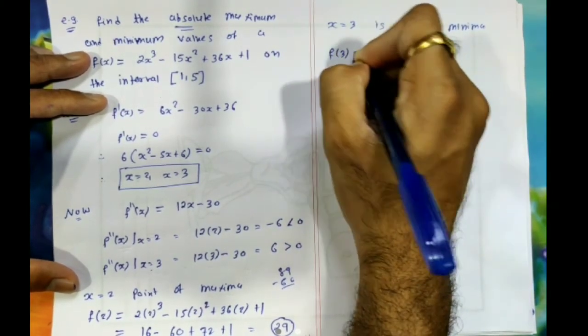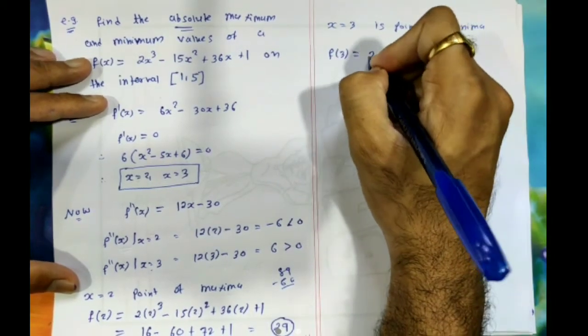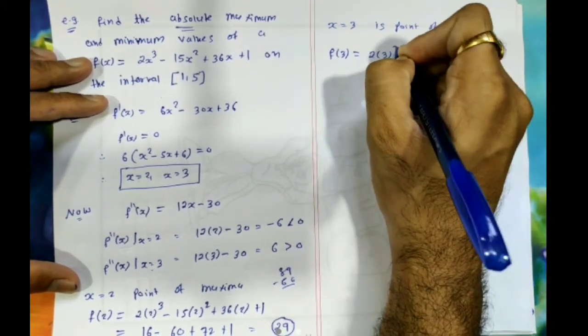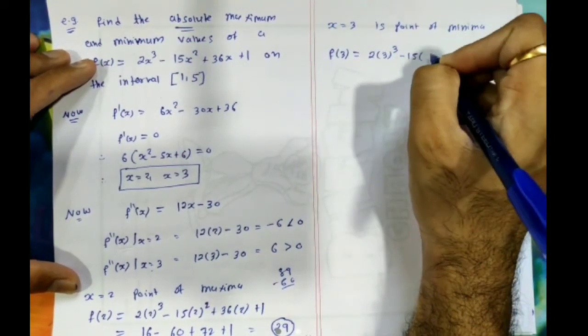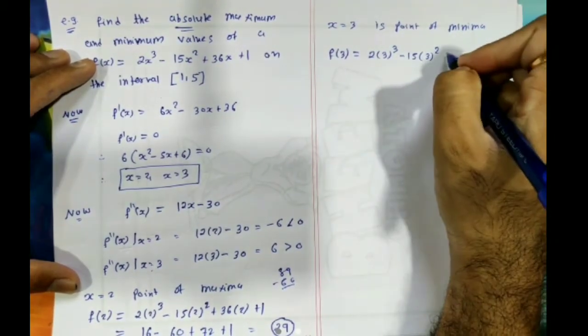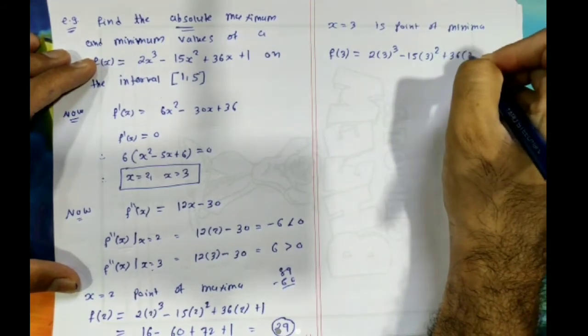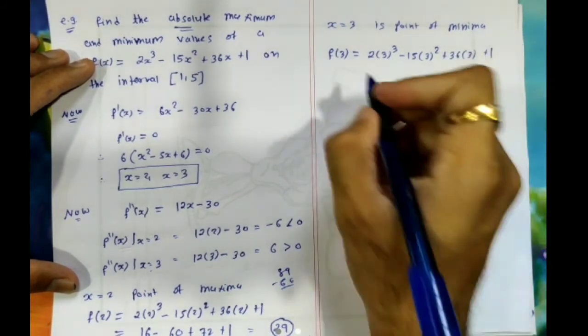f of 3. So our f of 3 is 2 into 3 cube minus 15 into 3 square plus 36 into 3 plus 1.